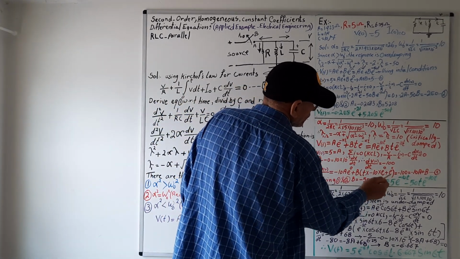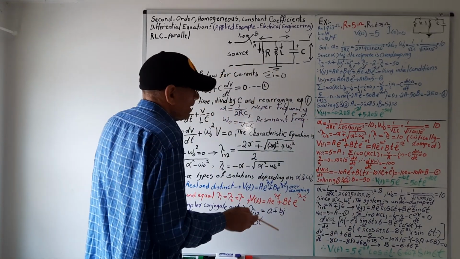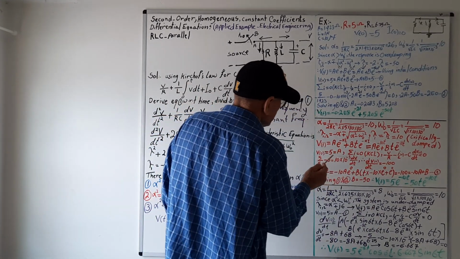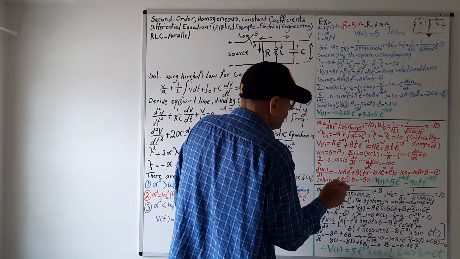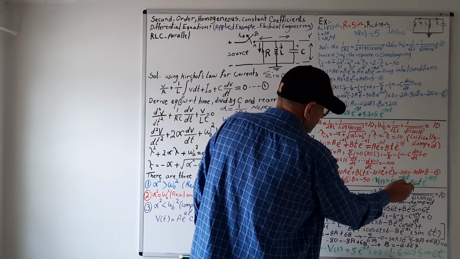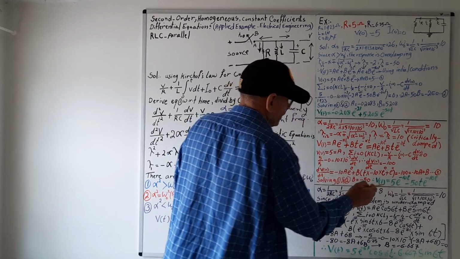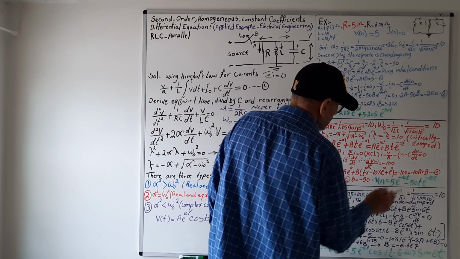So this is the second equation: minus 100 equal minus 10A plus B. Then we plug in A, which is equal to 5, and we got B equal minus 50. And this is our solution, A is 5 and B is minus 50.